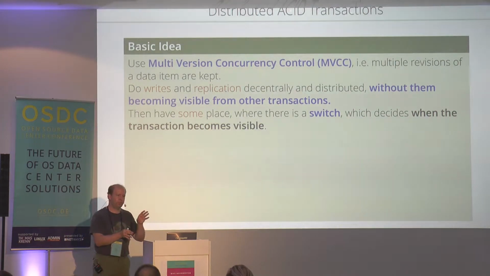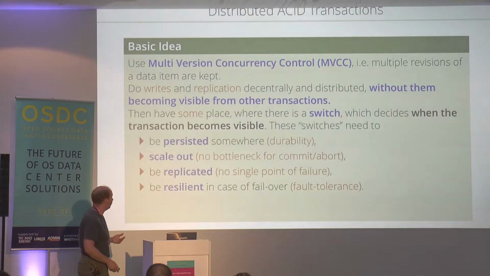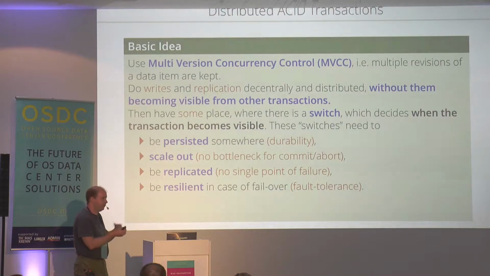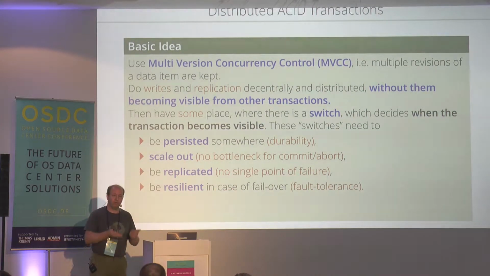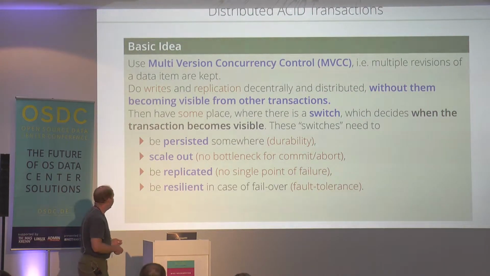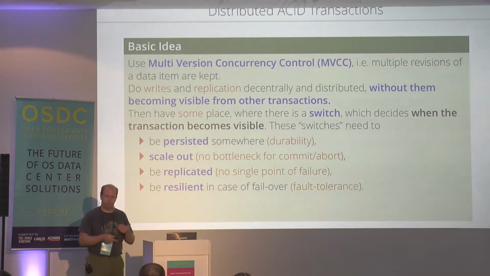So one single point of truth you need, or maybe not a single point. Again, it has to be replicated as well. So it has to be persisted, it has to scale out, it cannot be a single raft instance. It has to be replicated because you definitely don't want to lose the information that a transaction was committed. And it has to be resilient for fault tolerance. And so you have to run all these things.